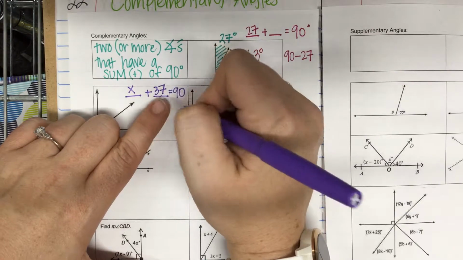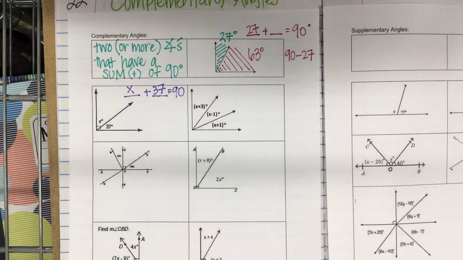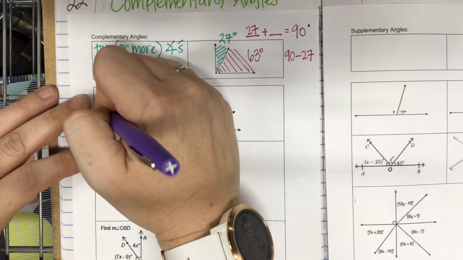It's a one-step problem. Yeah, 90 minus 37 is 53. So 53 degrees.